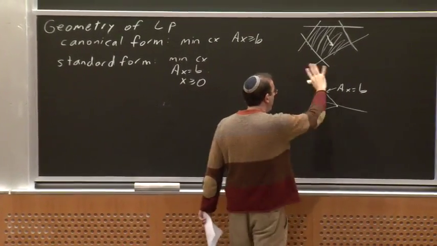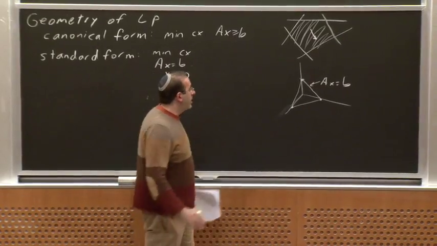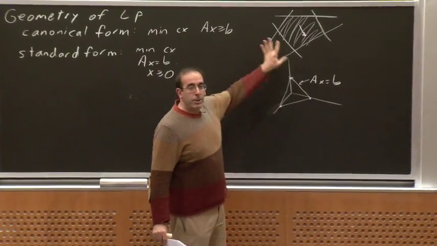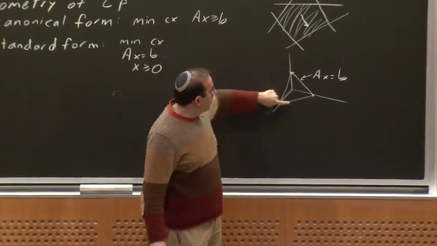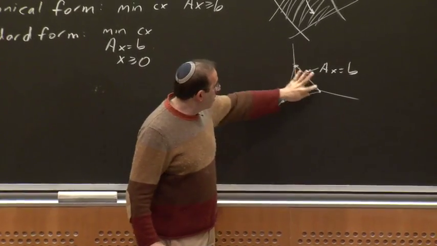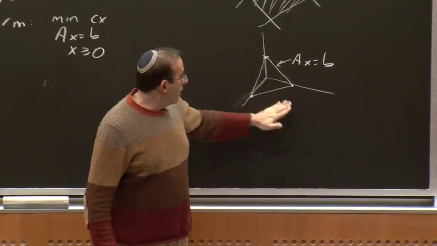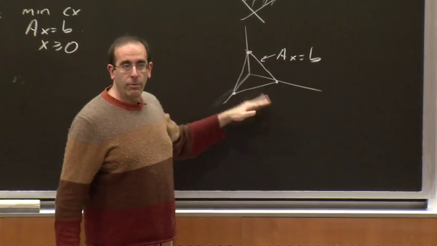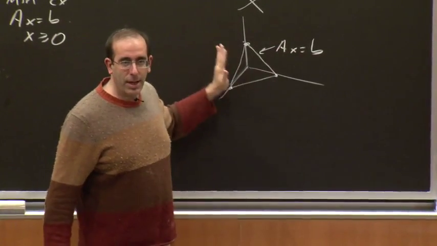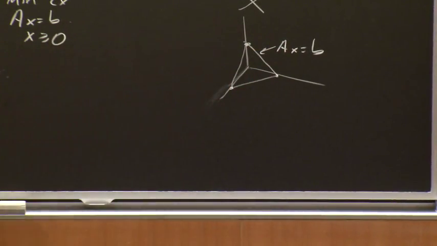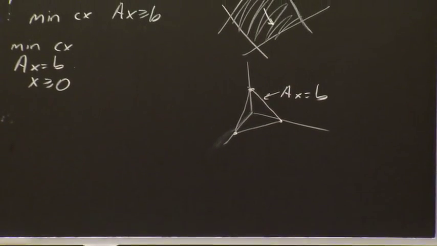Here I've drawn, although you obviously can't tell, a 3-dimensional space with a 2-dimensional space that has been sliced and is bounded at the 3 planes that correspond to the axes. So this is a slightly different picture of linear programming.